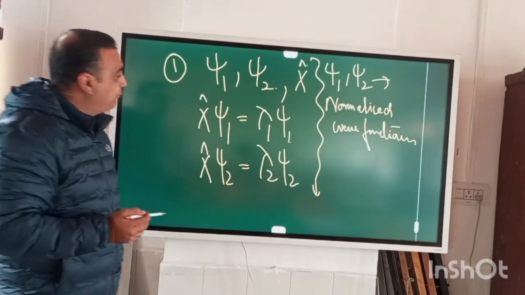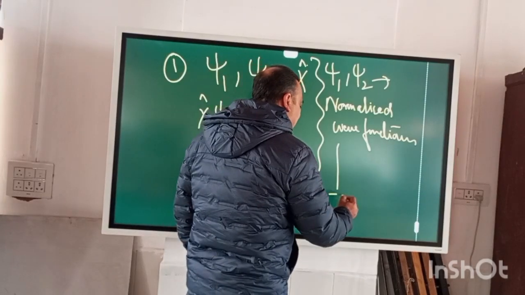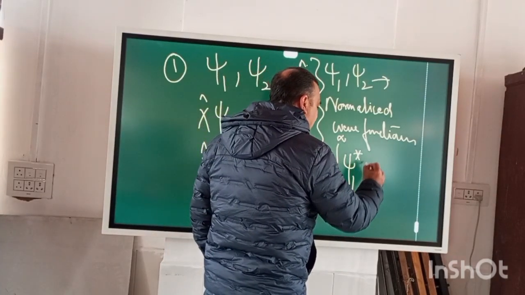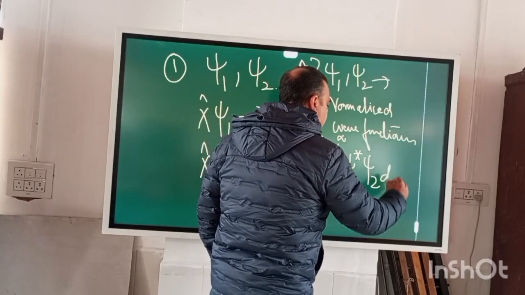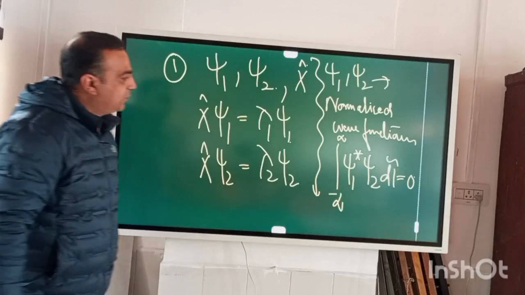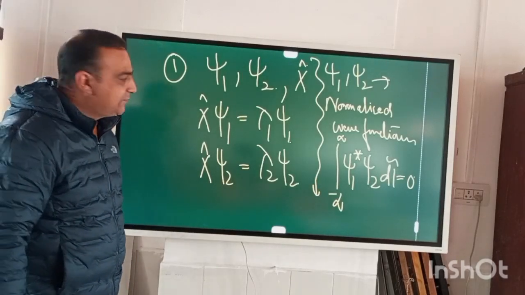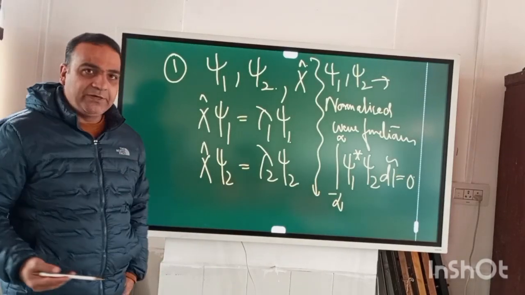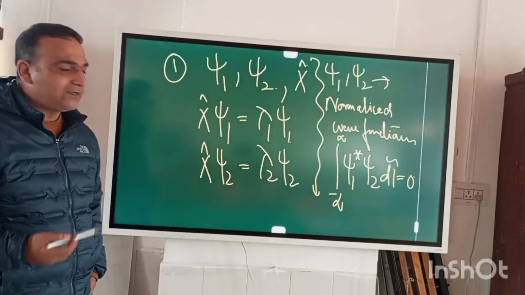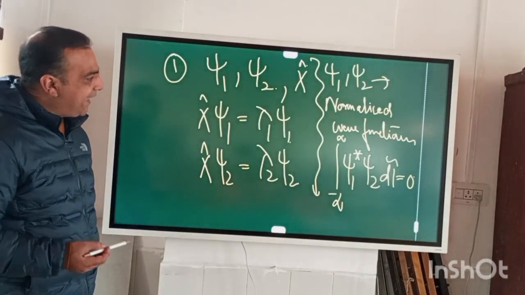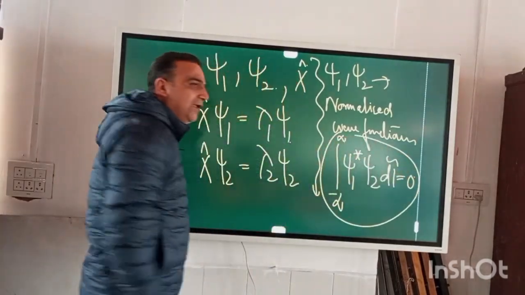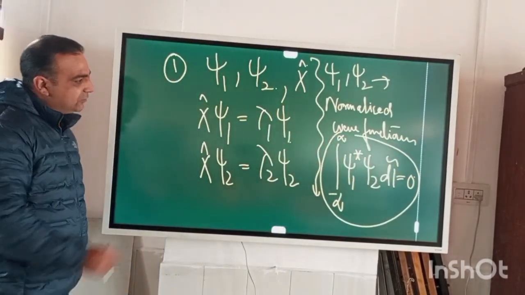I would like to prove that the integral from minus infinity to infinity of psi1 star psi2 d tau is equal to 0. So this should be our target.